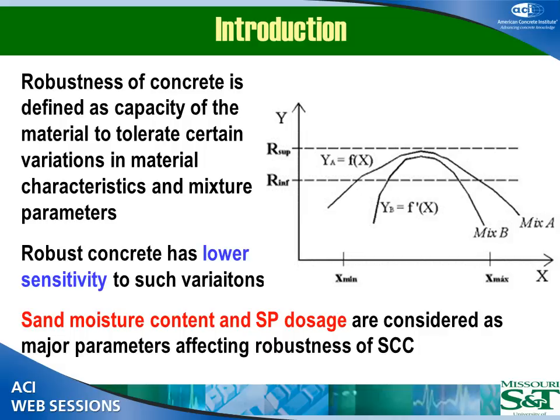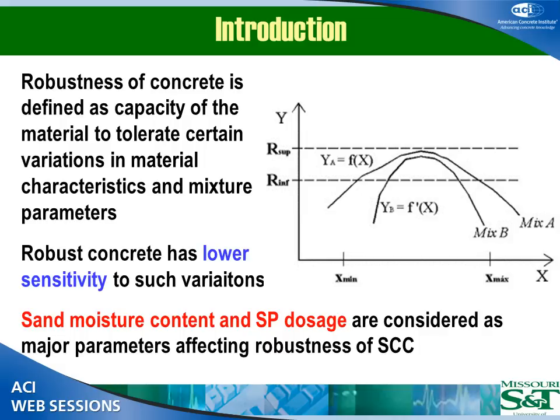So a robust concrete has lower sensitivity to variations in the mixture parameters, but also in the mixture constituents and the mixing parameters, which are the temperatures and the mixing time. As we saw from Dr. Russell's presentation, the water cement ratio, or the amount of water that you can add, within limits of plus or minus 10 liters per cubic meter, is really the most important parameter.